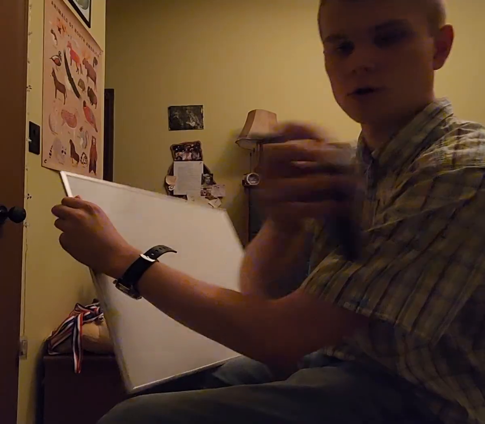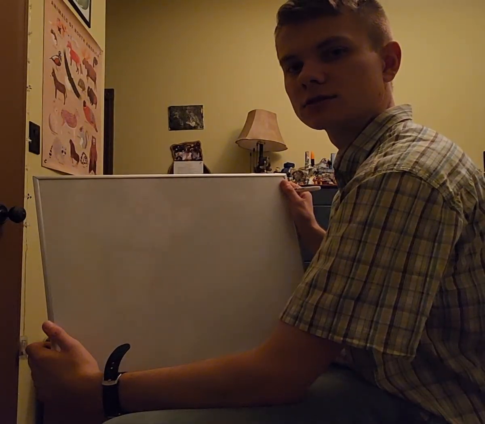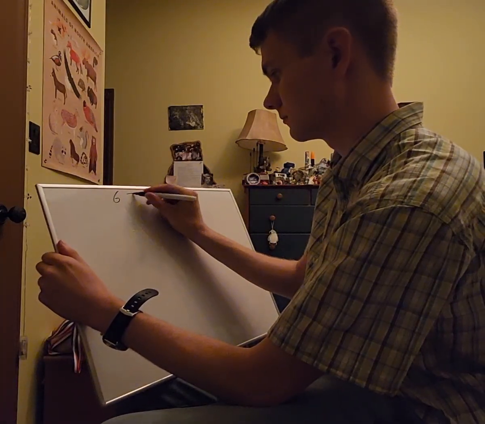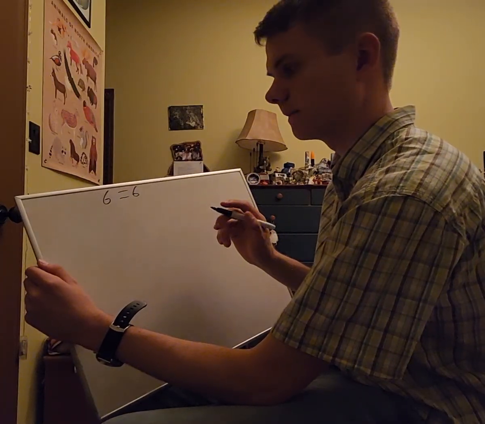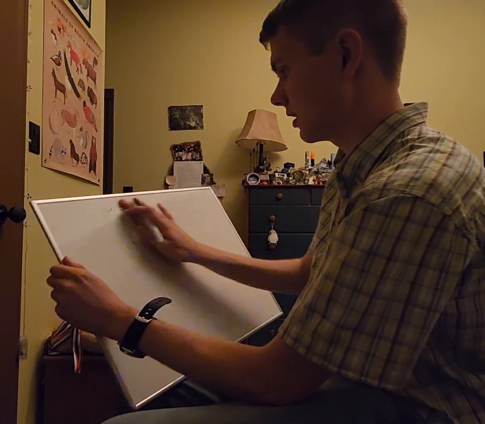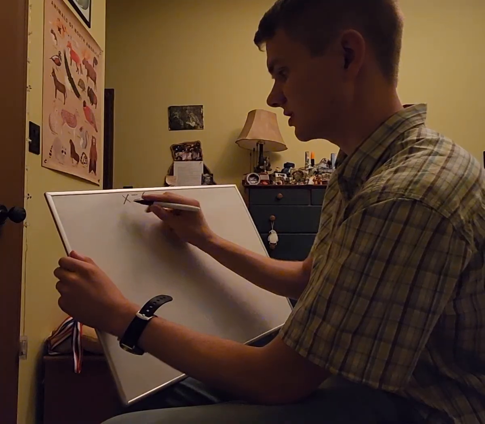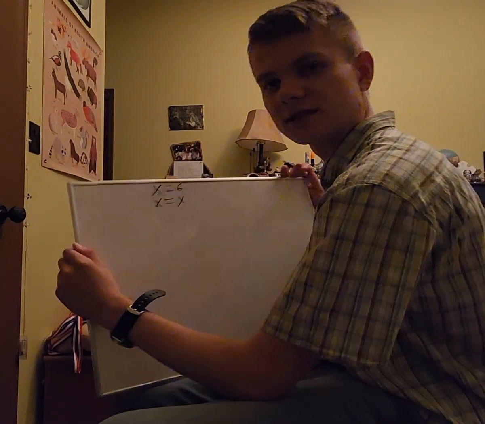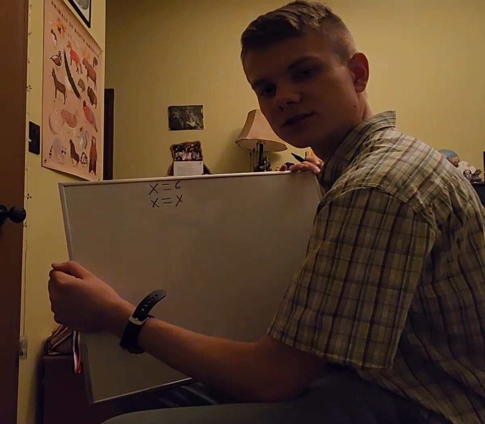Let's say that 6 equals 6, and now let's make x equal 6. So 6 equals 6 is obviously true, and x is equal to 6. That's the same thing as saying x equals x. But now we can do some manipulation.